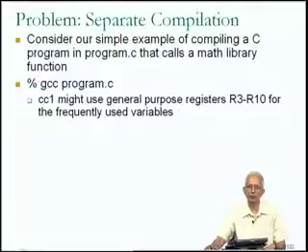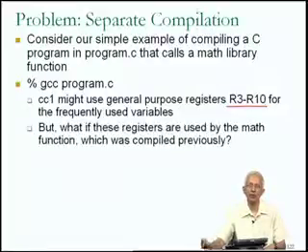In the compilation of program.c into program.o, it is possible that CC1 used some registers for frequently used variables in order to speed up the execution of the functions inside that particular part of the program. So, let us suppose for example that CC1 used general purpose registers R3 through R10 inside program.o for the frequently used variables of the functions inside program.o.